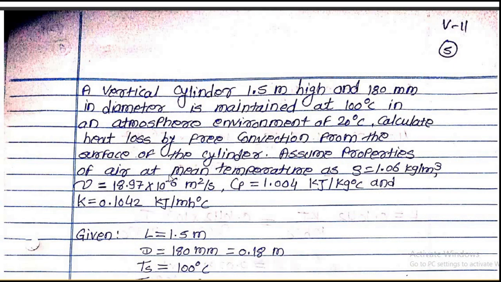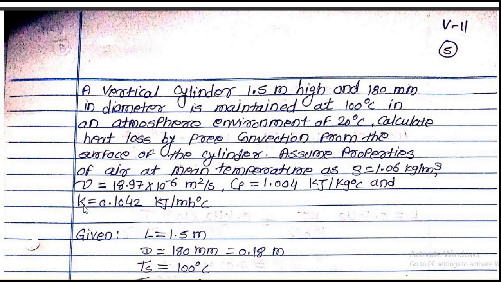Assume properties of air at the mean temperature as density, that is rho, equal to 1.06 kg per meter cube, nu, that is kinematic viscosity, equal to 18.97 into 10 raised to minus 6 meter square per second, specific heat, that is Cp, equal to 1.004 kilojoule per kg degree Celsius, and the thermal conductivity K equal to 0.1042 kilojoule per meter hour degree Celsius.